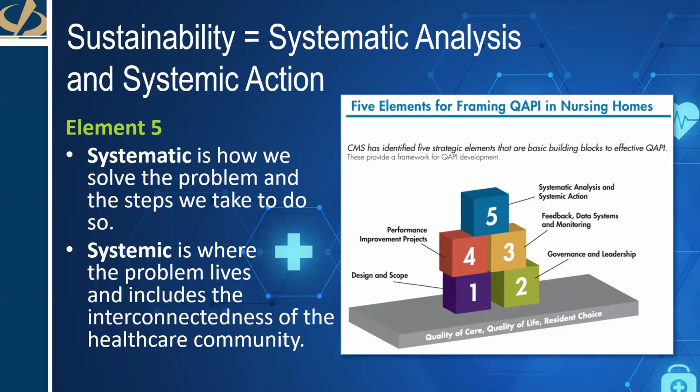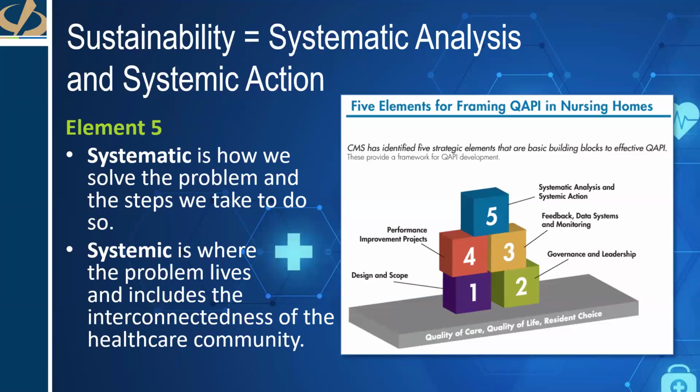Systematic analysis is all about taking a step-by-step approach to thoroughly investigate a problem. Processes like root cause analysis, using tools like the 5 whys or fishbone diagrams, can help you to identify the true cause of issues, allowing you to create the change that lasts.